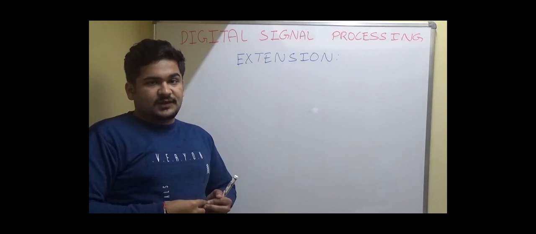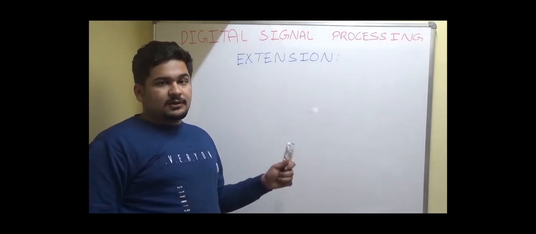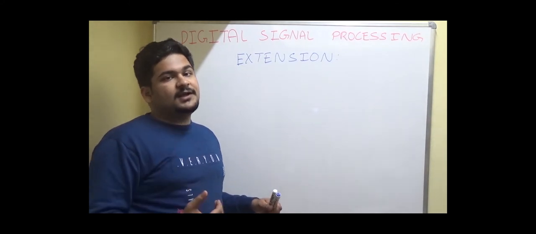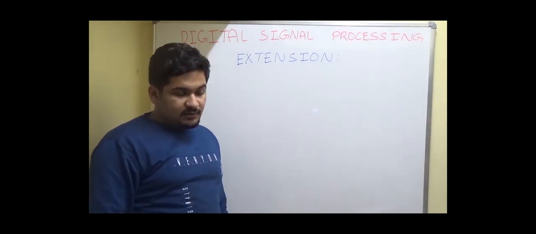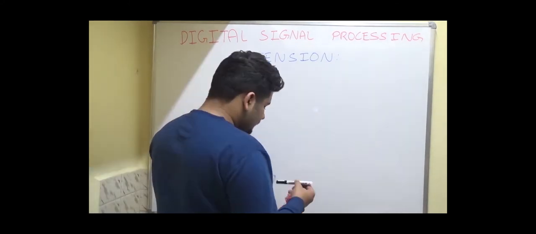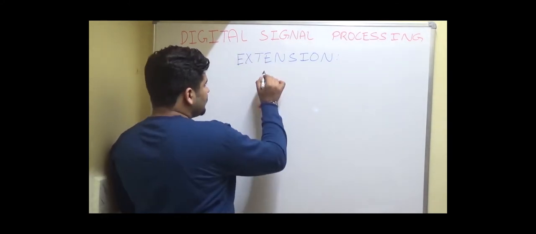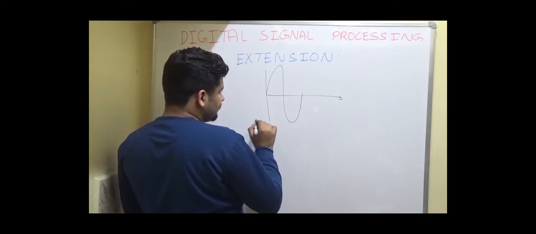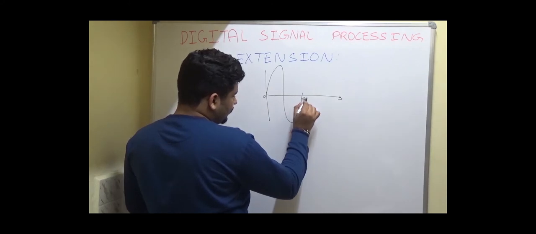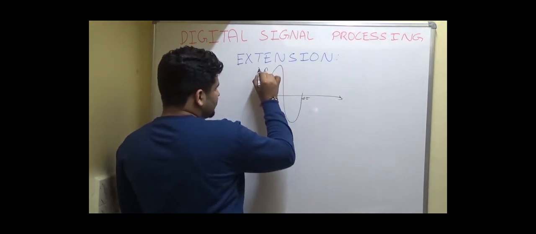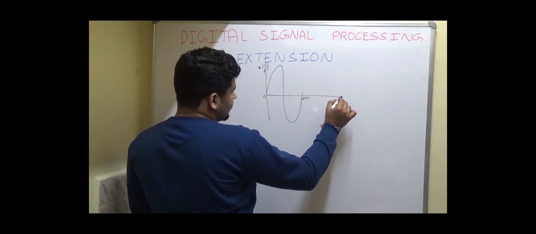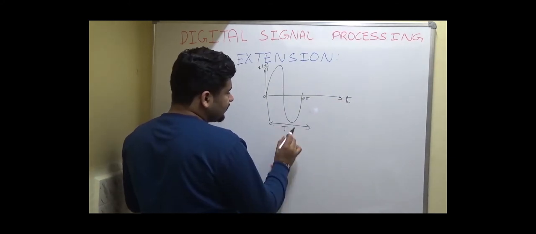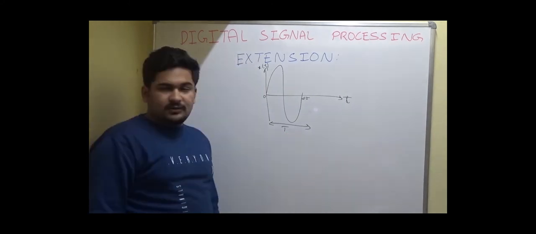In the process of extension, again the concept remains same. I convert a non-periodic finite signal to an infinite periodic signal. So how do I do it? Is again very simple. For example, if I take this signal which is defined from 0 to 2 pi, if I consider this signal to be x of t and this is a time axis, and I take this to be the time period, this signal is a non-periodic signal.